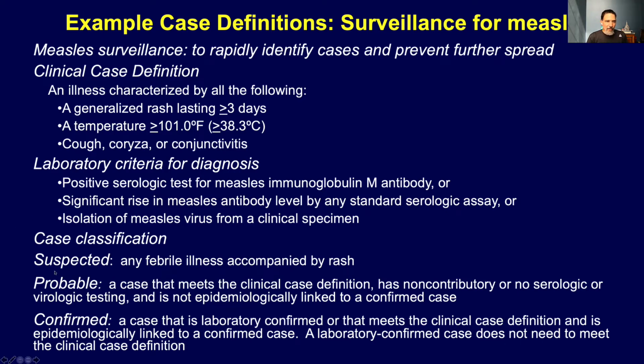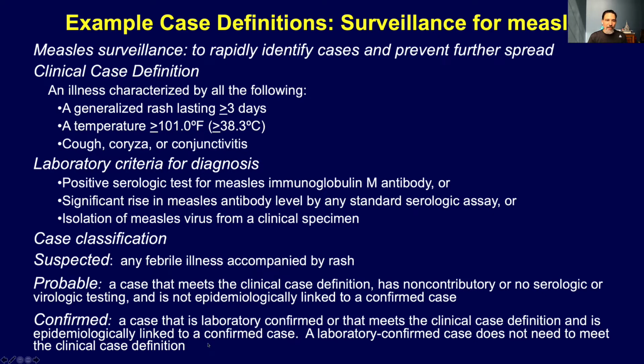And here they have a degree of suspicion that classifies cases into suspected, probable, and confirmed. The suspect cases can be anybody who has a febrile illness accompanied by rash, regardless of laboratory confirmation. A probable case is someone that meets the clinical case definition, again without laboratory testing, and is not epidemiologically linked to a confirmed case.